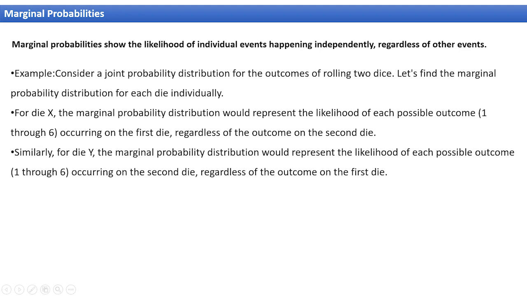For example, for die X, we would be interested in the probability of rolling a 1, a 2, a 3 and so on. Similarly for die Y, we want to know the probability of rolling each number from 1 to 6. This allows us to understand the individual probability for each die.